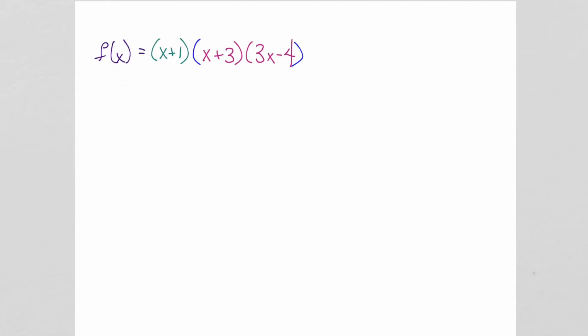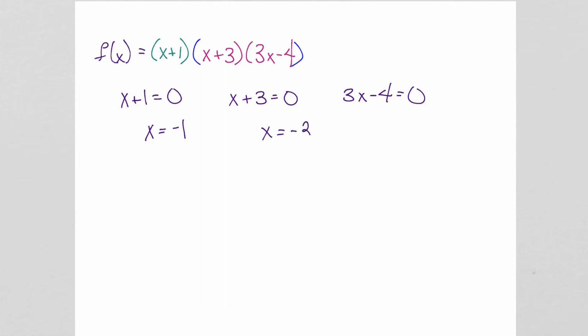So at this point, we just set each of those equal to 0. So x is -1, x is -3, and x is positive 4/3. So our real zeros are -3, -1, and 4/3.